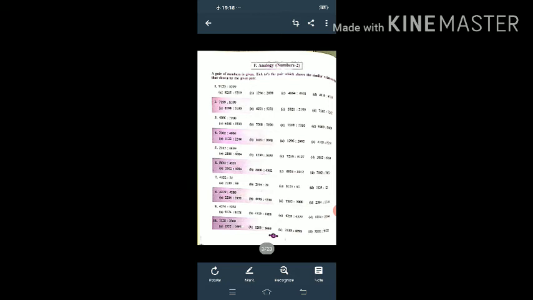The next one is 5000, so greater by 500. So the next answer would be the correct one among the four options, where the difference is exactly 500, that is 7200 and 7700. In this way we can do this exercise.